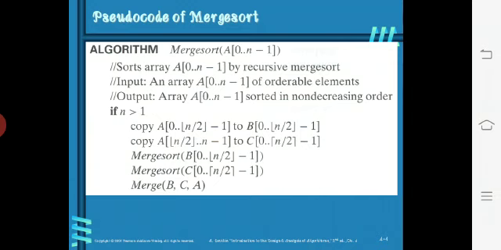Starting from 0 to n by 2 represents my left half, which I'm going to store in B, and n by 2 to the last element represents my right half, which I'm going to store in C. Now I'm going to recursively sort my left half, so I call merge sort on B of 0 to n by 2 minus 1, and then recursively sort my right half, which is C of 0 to n by 2 minus 1, and finally I'm going to merge the solutions of both B and C to obtain the solution of the problem A.